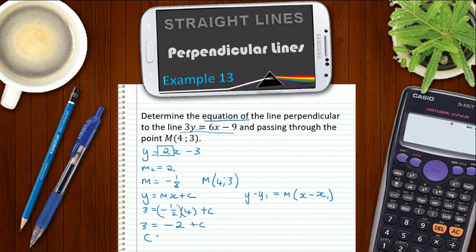Then c is equal to, if I take the 2 over to the other side and it becomes positive on that side, then c will be equal to 5. Now we need the equation, so we know the standard form is this, and we just solved for c and we solved for m. So therefore the equation of my straight line is y equals negative a half x plus 5.